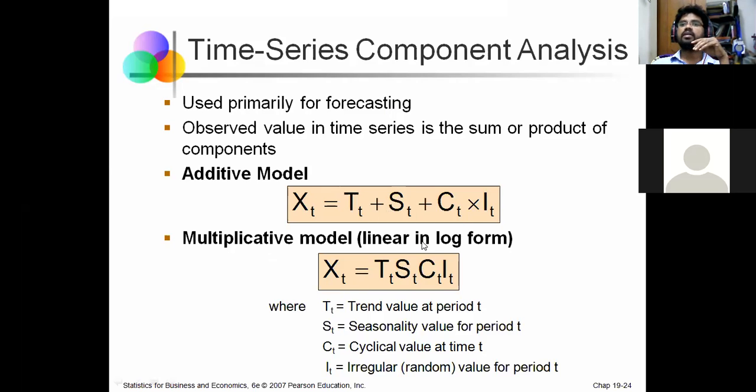That is called linear in log form. For example, we can measure in the log form or linear form. This is not important for you because it is advanced, so it is not much useful for you at the degree level.